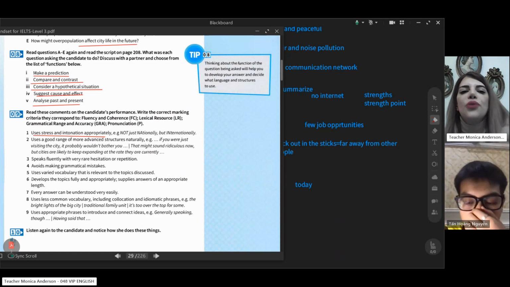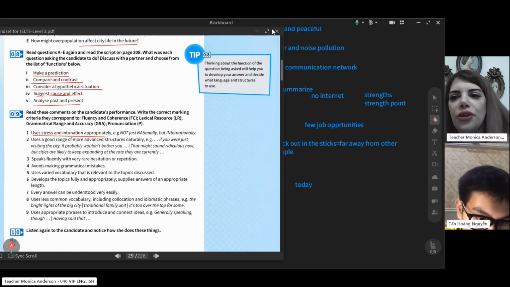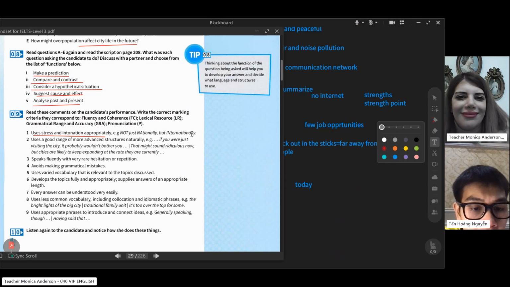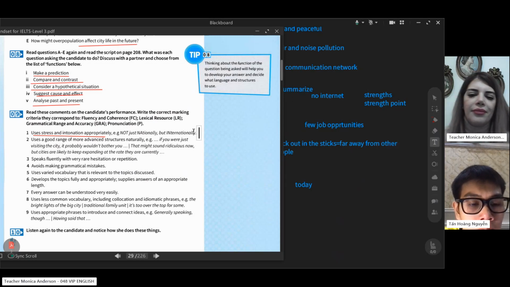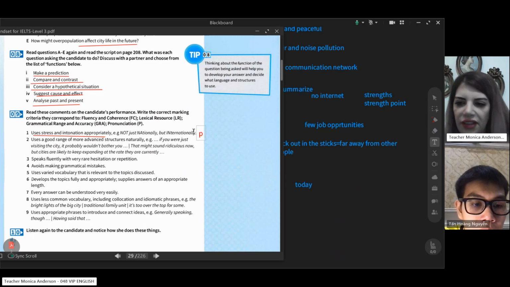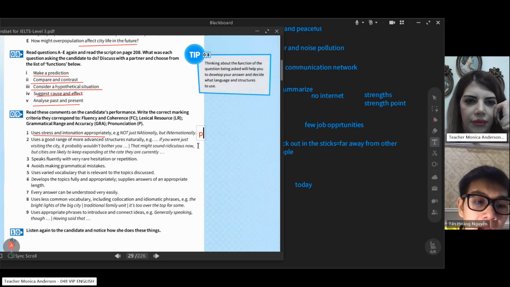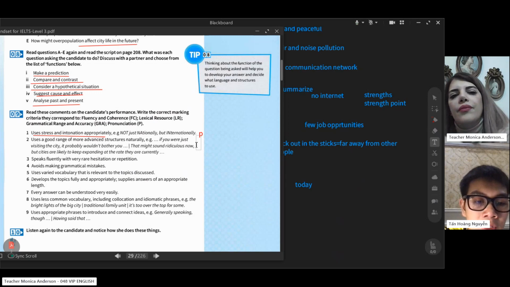Using stress is related to pronunciation, definitely yes. Number two, uses a good range of more advanced structures naturally. If you were just visiting the city, it probably wouldn't bother you.